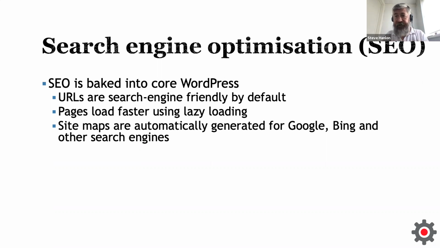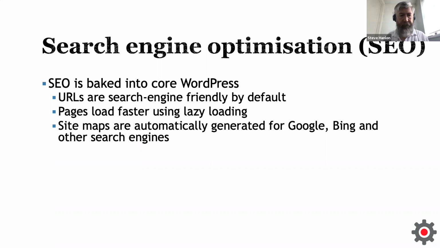The phrases that you use for titles are turned into URLs, which then make it easy for Google to understand what's on the page. It's been adapted in the last couple of years to do things like lazy loading. These are technical things, which mean that images don't have to load if they're not on the screen. They only load when they appear on the screen, and so the page comes up quicker. And with things like that, Google loves it.